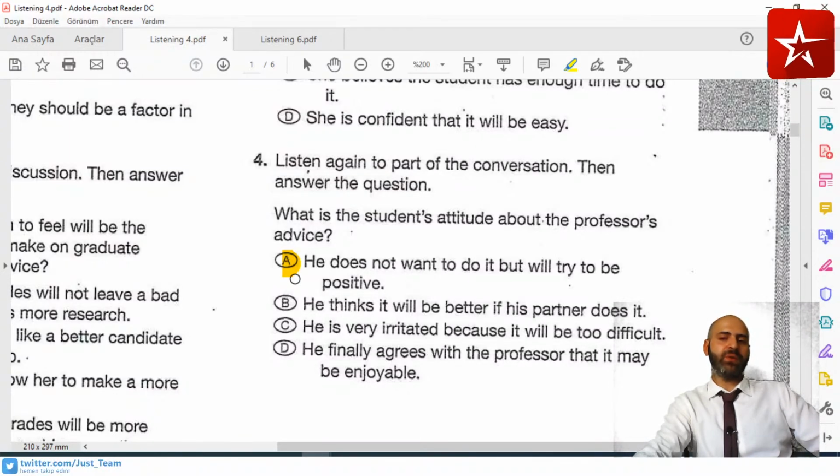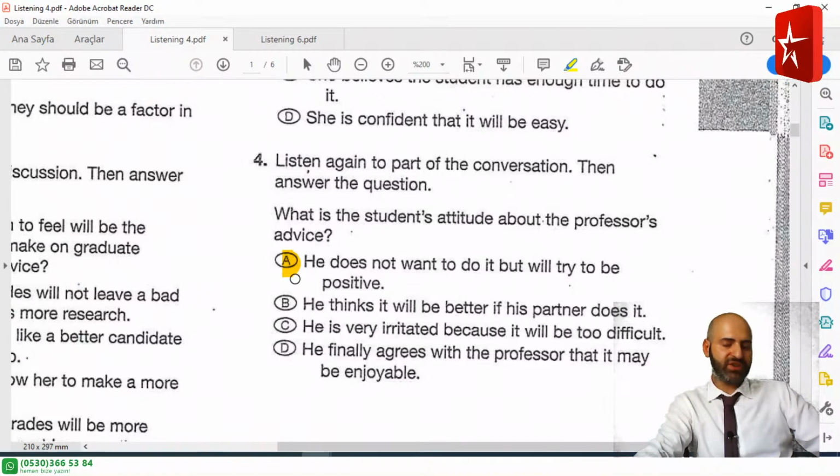If you don't have any questions about this type of question, then I think we can move to question type number 5. And I will explain what kind of question it is and what they usually ask you to do in that question.